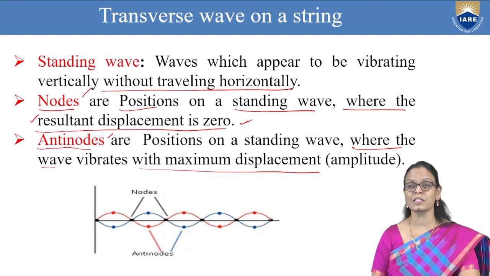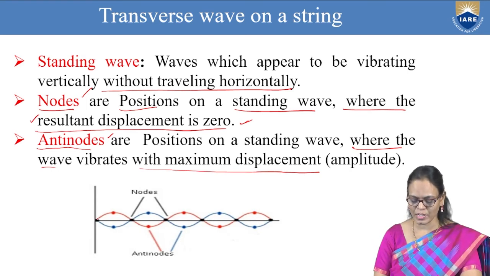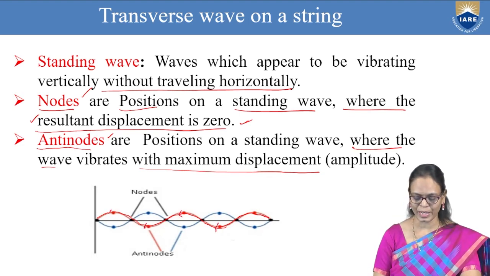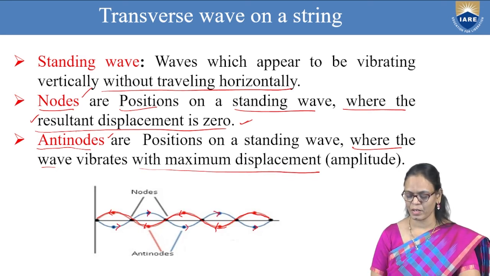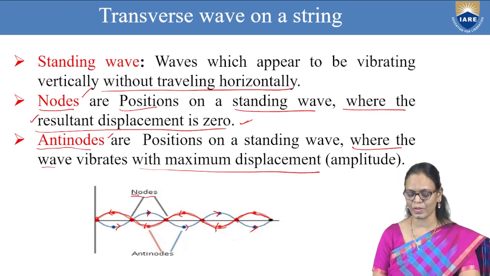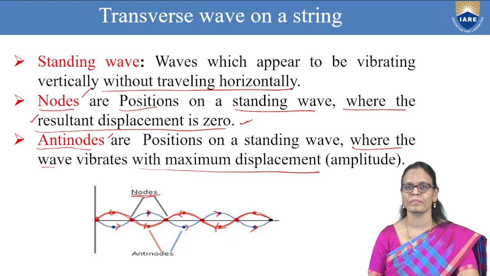So now let us see in this figure. We will consider the first wave like this. Or you can take it in the other direction also because this is coming, maybe it may get reflected. So I will take it in this direction. Now there are some points here. At these points, the displacement is minimum or zero. And such positions we call nodes.